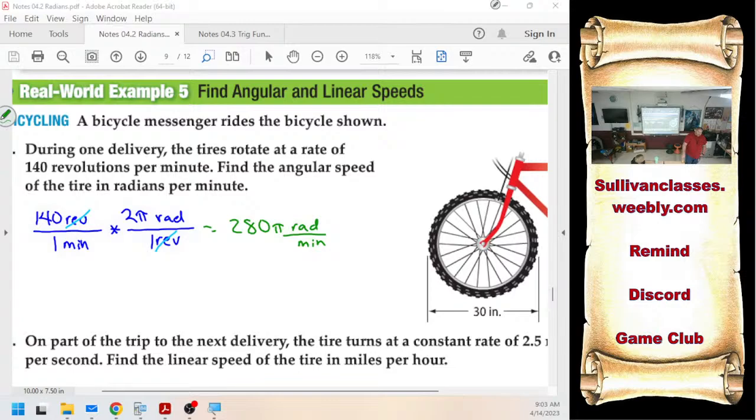Most of us don't know directly yards to miles. Most of us would have to go miles to feet to yards. We'd have to bounce around, right? I remember it's 1760 something. I always forget what the last digit is. Okay?